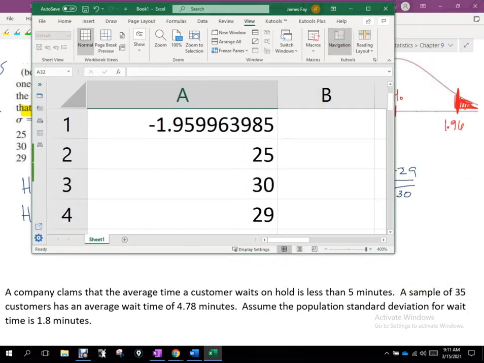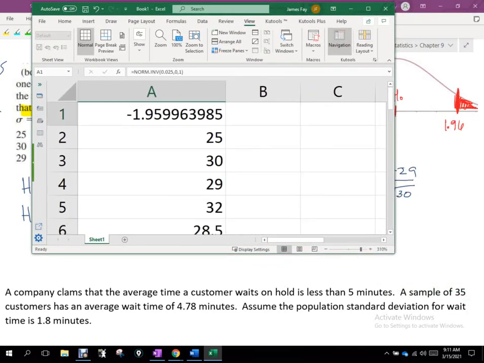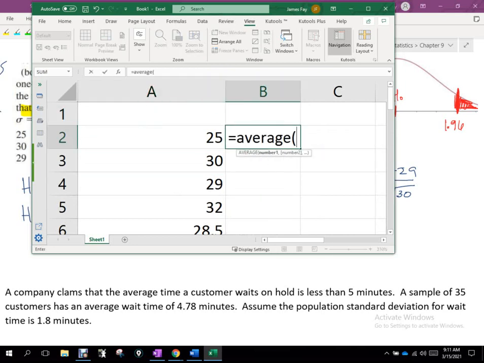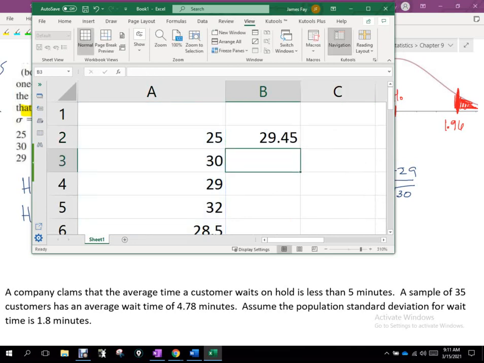All right, so I typed all those in. Now I'm just going to type in equals average, and get 29.45.